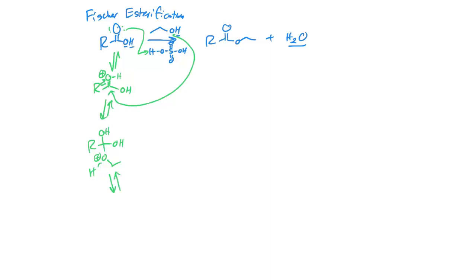And now we need to do a proton transfer step to get this hydrogen off of the one O and onto the other O. We know that we want to make water, so we better protonate one of these OHs. You could just draw a one-step sequence to transfer this proton, but in reality it is a two-step sequence, so it's better to draw it in two steps. It takes a little more time.